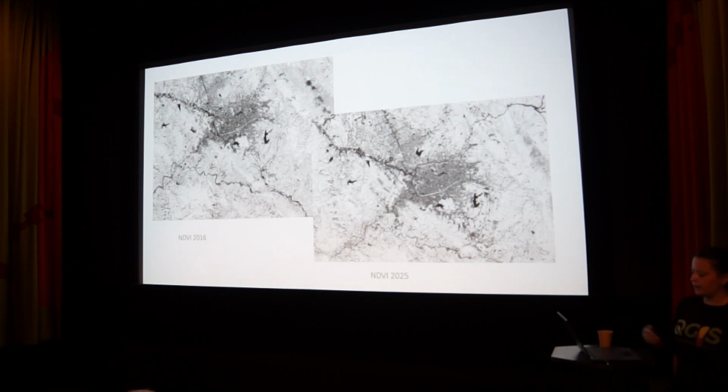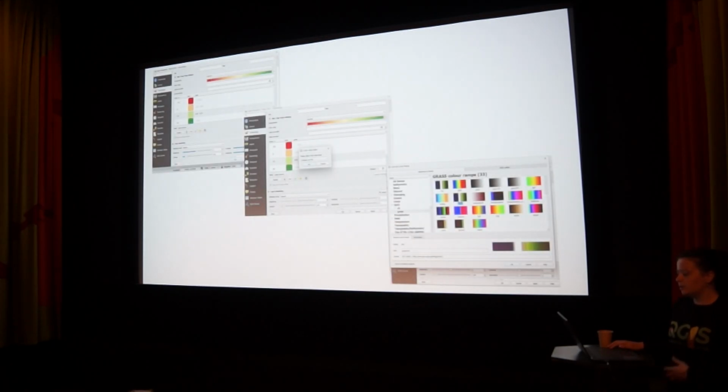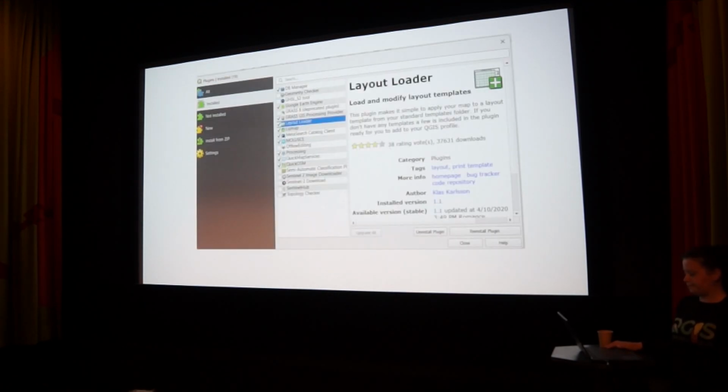So this is what I got at first, the NDVI for 2016 and 2025. And then I worked a little with symbology until I found the right colors to represent it, and I used just four classes to make the map more understandable.